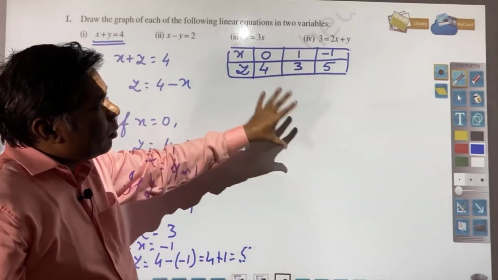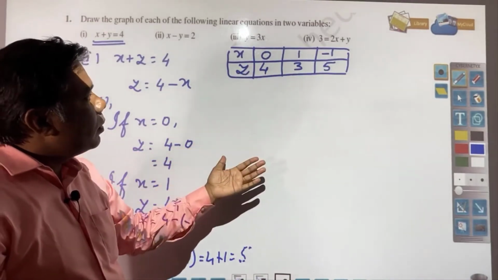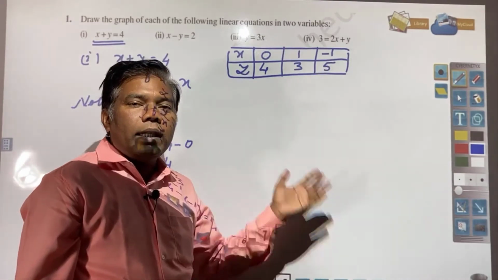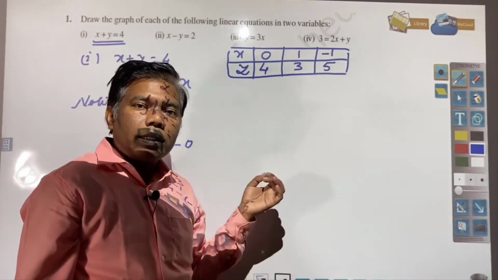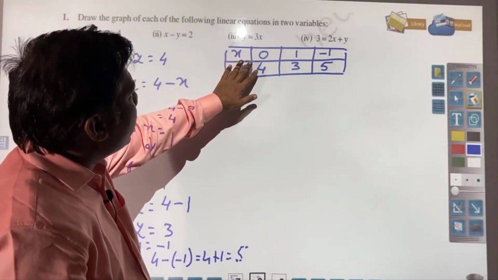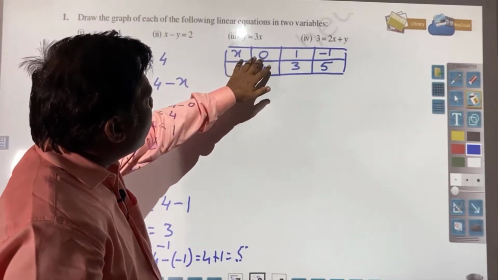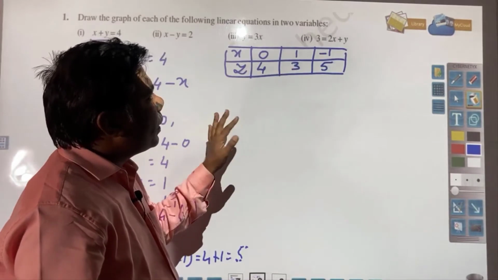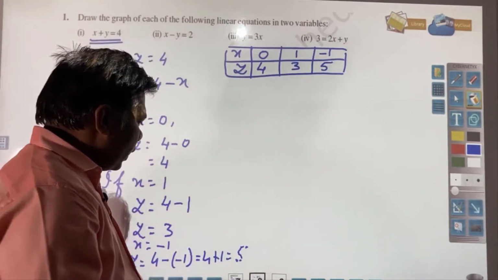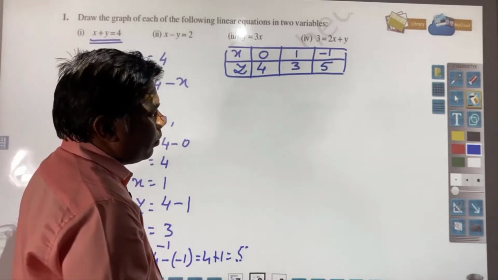Now this is required to be plotted in the graph. And again I am repeating, you need to have a proper graph sheet and there you plot, so that you will understand in a better way. As you have got coordinates, you need to plot this on a proper graph sheet so that you will understand how it is to be plotted and you will have better practice also.